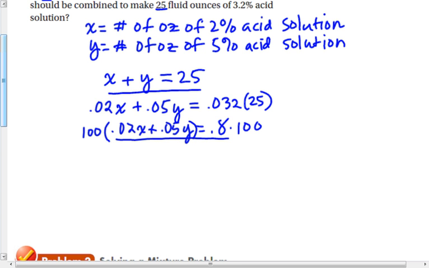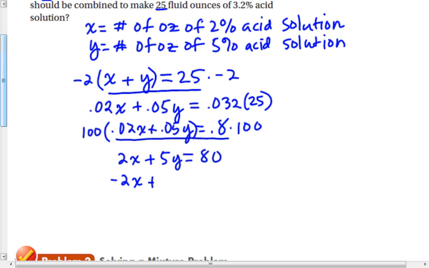So I get 2x plus 5y is equal to 80. And then I'm going to multiply this top equation here by -2. And that will give me -2x plus -2y equals -50.